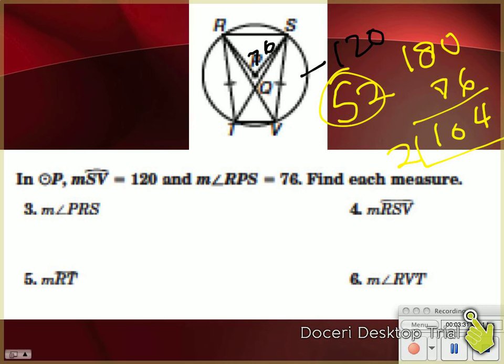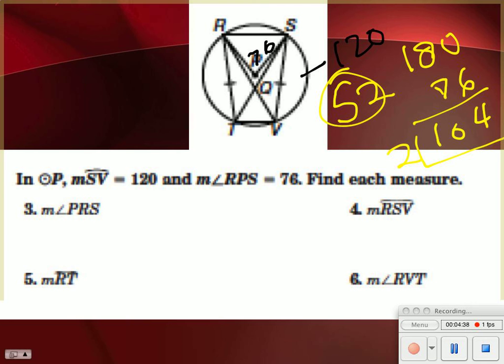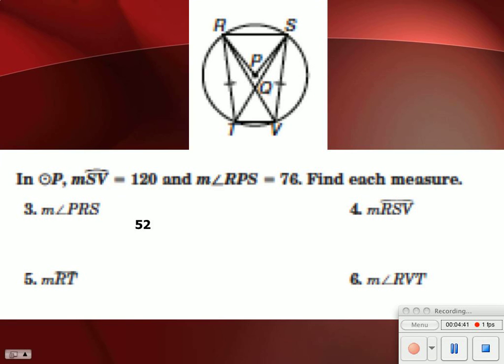I know that the measure of arc RS is 76, because this angle here, the central angle created between R and S, is 76. So the measure of RSV is going to be 120 plus 76, or 196. The segment RT is congruent with the segment SV. So they're congruent chords. Congruent chords have congruent arcs. So the measure of arc RT is going to be 120, just like the measure of arc SV.